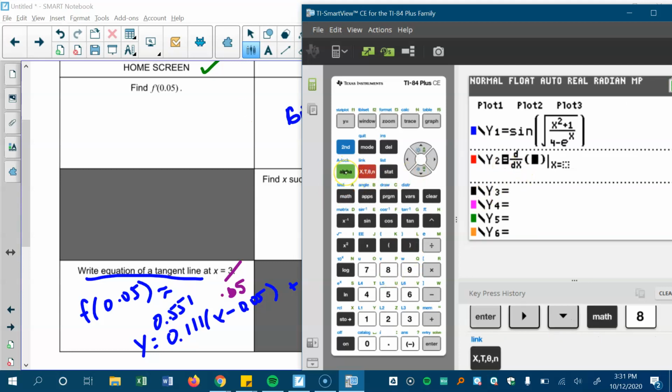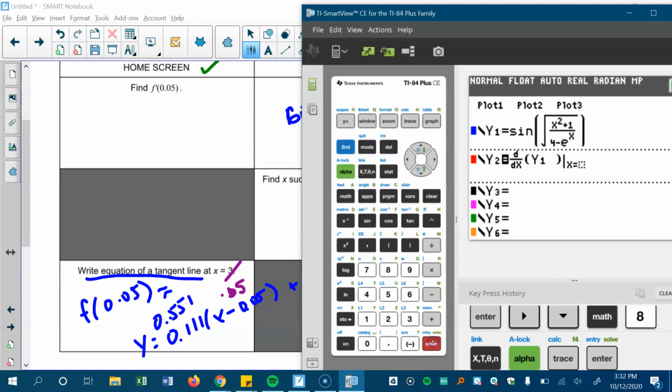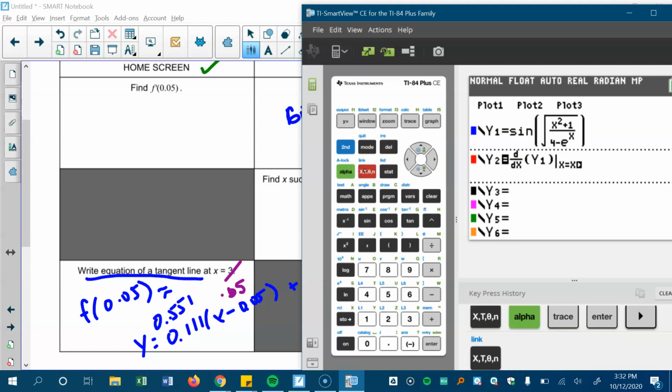Let's put y1, that was alpha trace y1. And then where x equals, let's do x equals x. What the calculator is going to do is plot every single x value's derivative on the graph. And that's going to be cool. So let's go ahead and do d/dx of y1, x equals x.